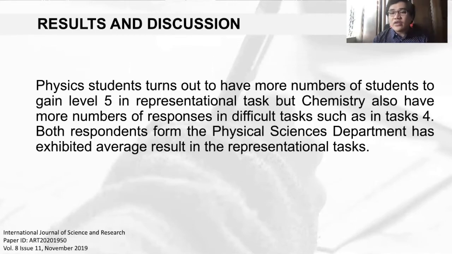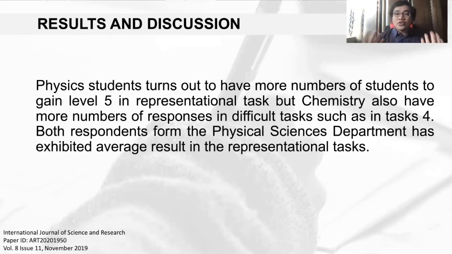Now, comparing the physics group and chemistry group, physics students turn out to have more students who gained level 5 in representational tasks, but chemistry students also have more responses in difficult tasks, such as task number 4. Both respondent groups from the physical science department exhibited an average result in the representational task.